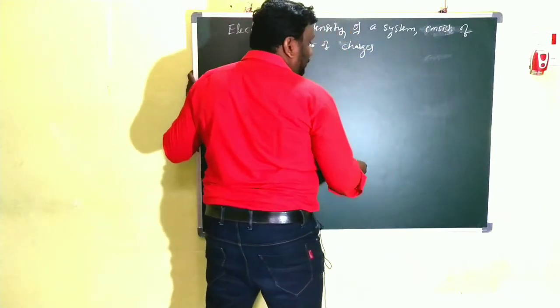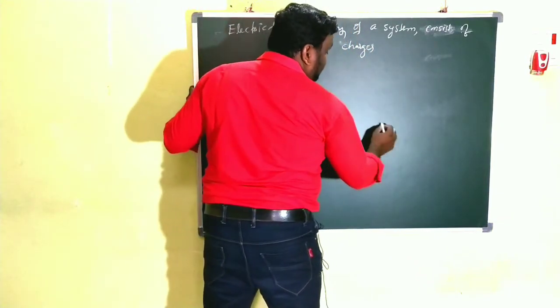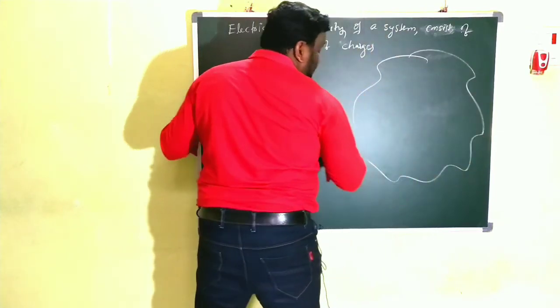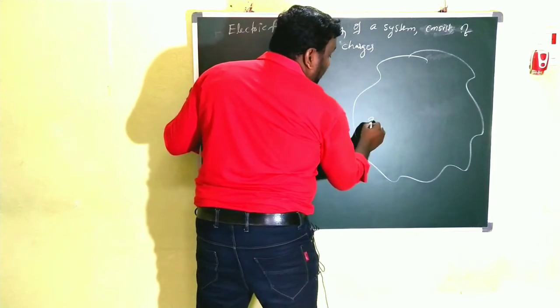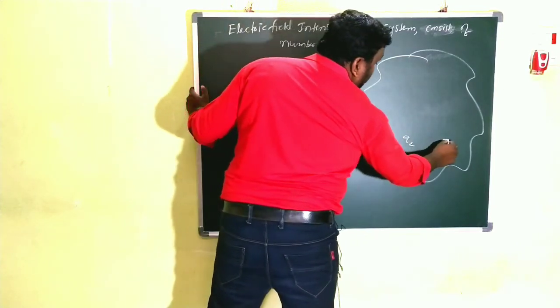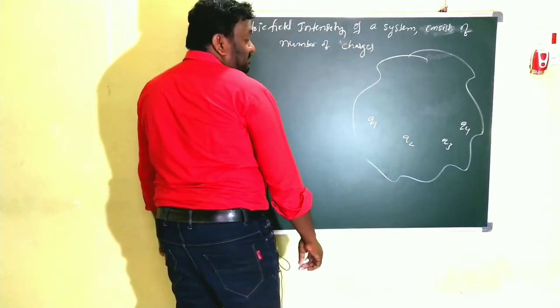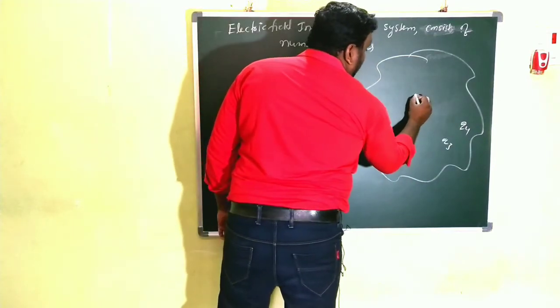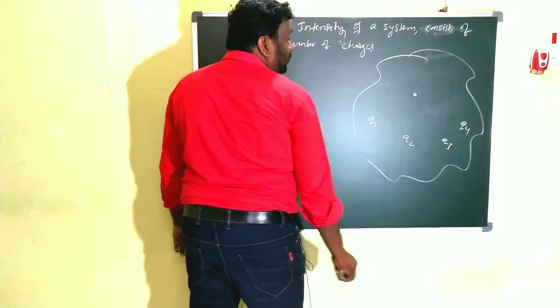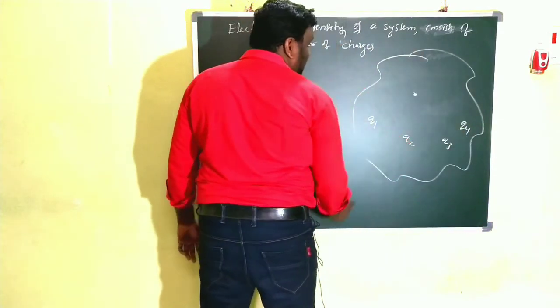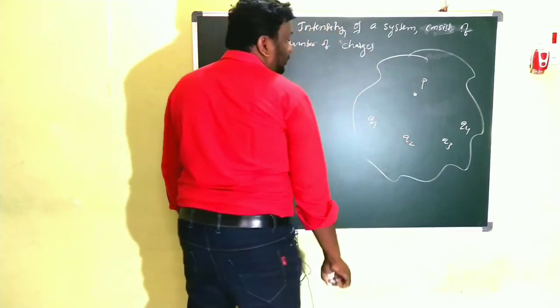For example, this is the system we are taking. In that we have some charges, Q1, Q2, Q3 and Q4. Four charges are there. Just imagine we want to find out the resultant electric field intensity at this point P.